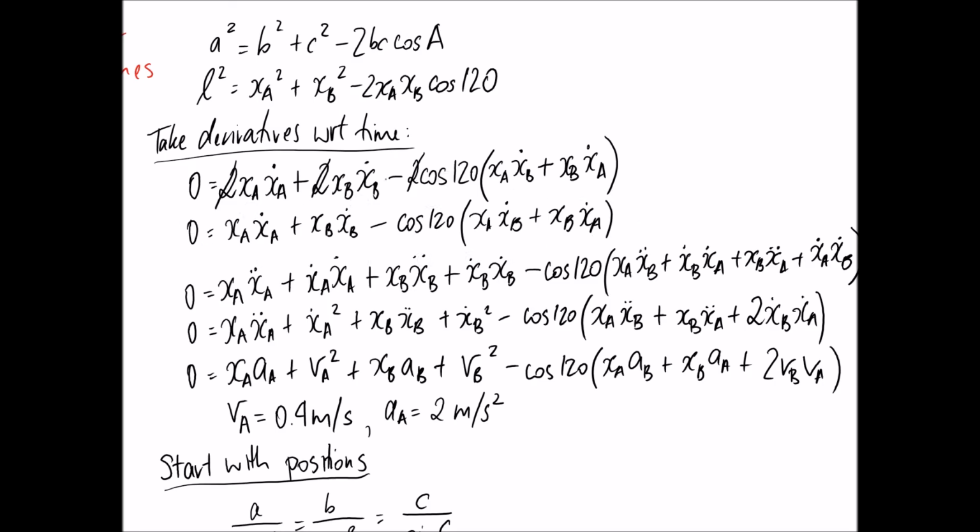In that equation, the only unknowns were xa and xb, which we just solved for, x dot a, which is the same as the velocity of a, and we know that's 0.4 meters, making the only unknown this x dot b, or the velocity of b.